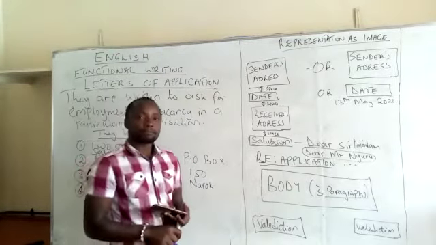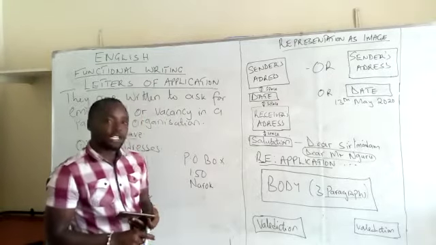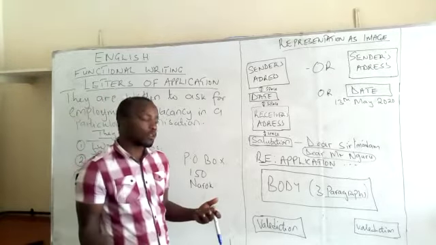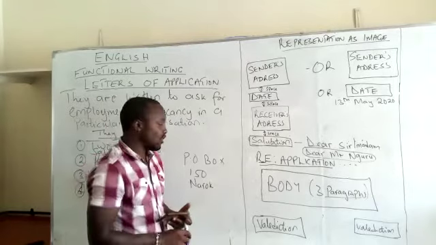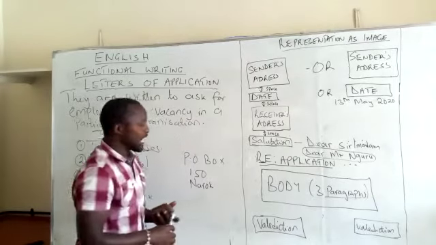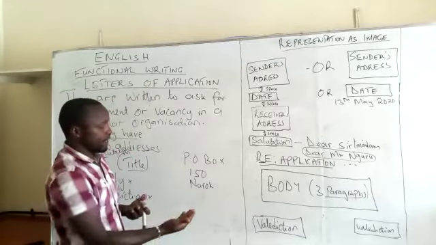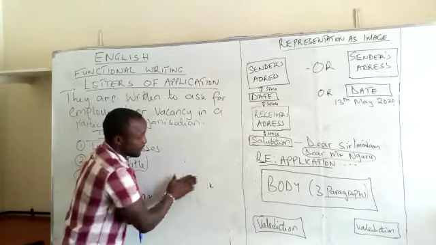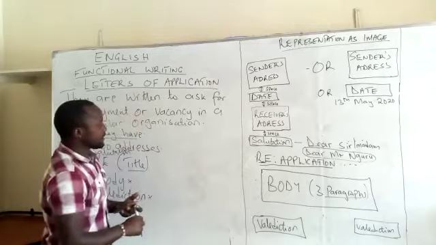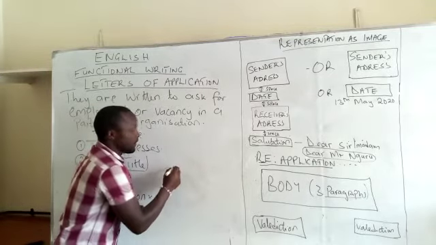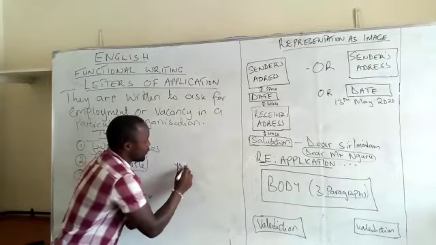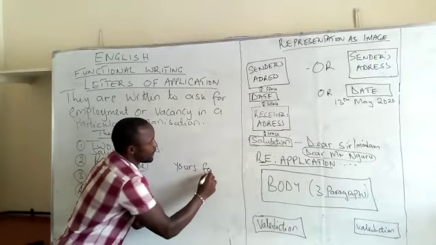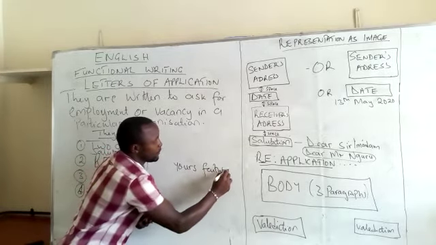Then finally, we have the valediction, or some people call it the closure of the letter or the signing off. And this valediction has three parts. I will show you here. Just allow me to rub with my hand. The 3 parts are, 1, the closing tag, yours faithfully, just for example.